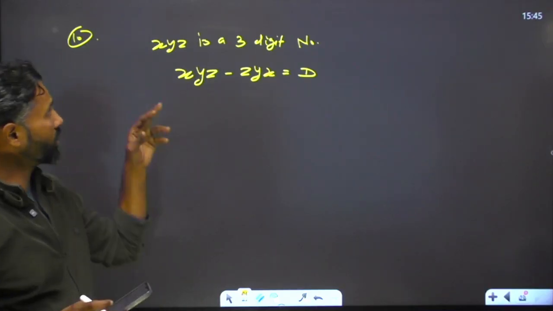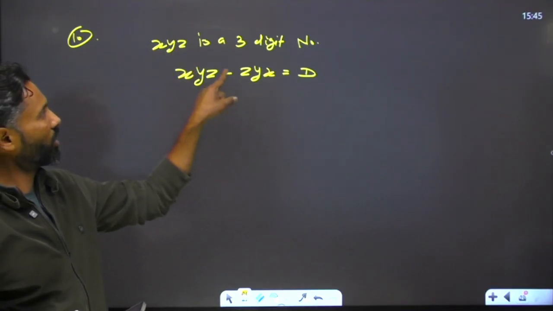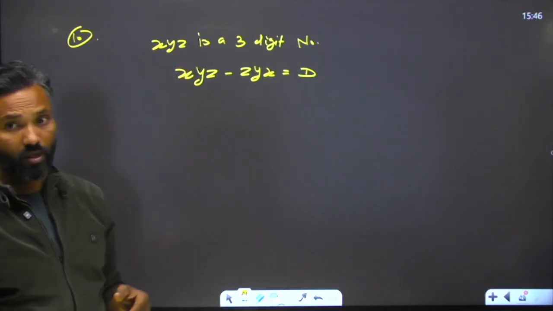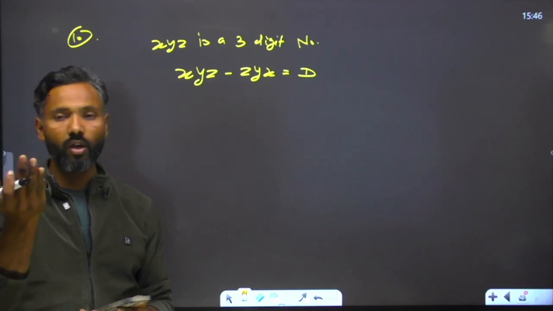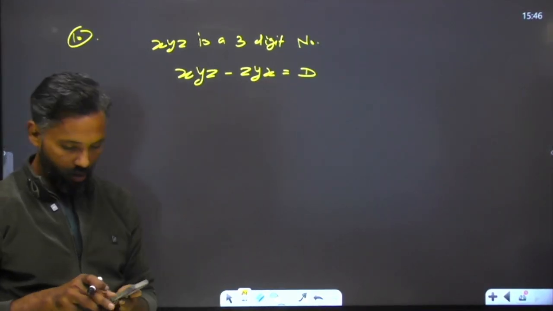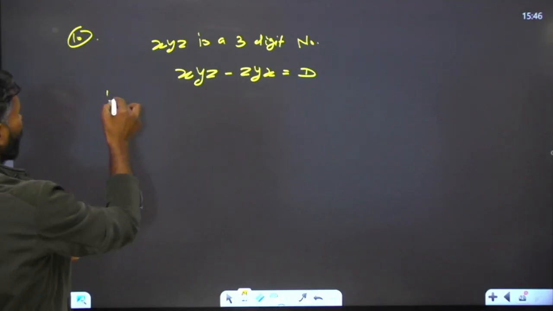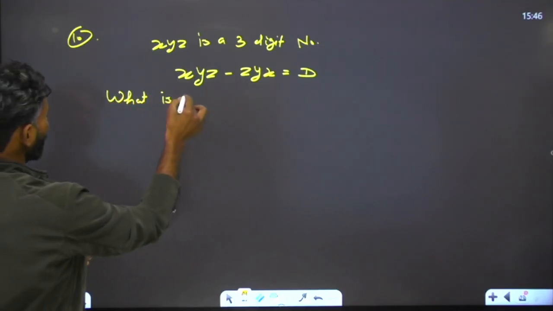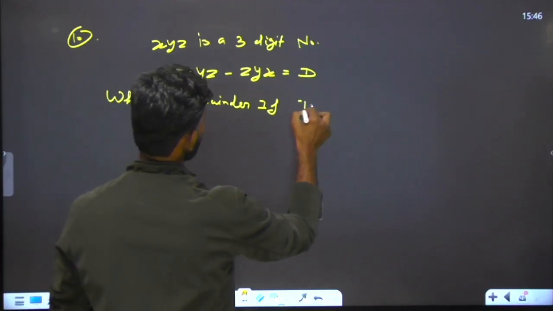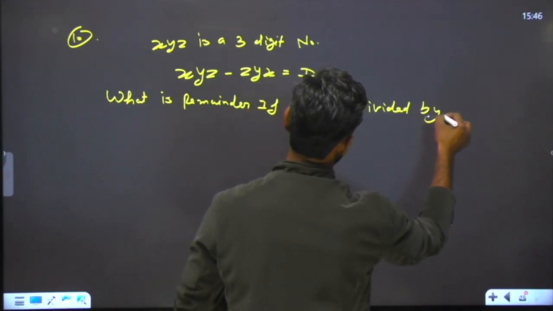So what has been done over here? Just the sequence of the digits is reversed. Z is at the hundreds place, Y is as it is, and X is at the ones place. So he's saying that if the difference of these two numbers is equal to d, then what will be the remainder if d is divided by 99?